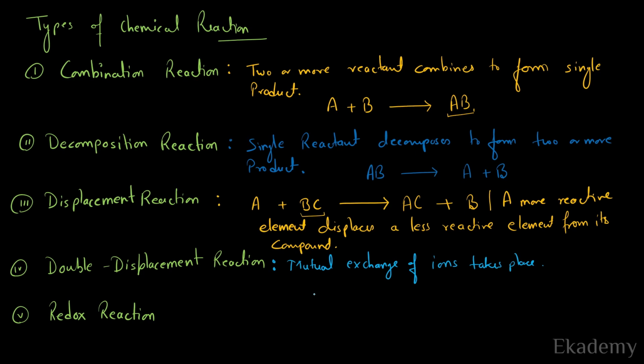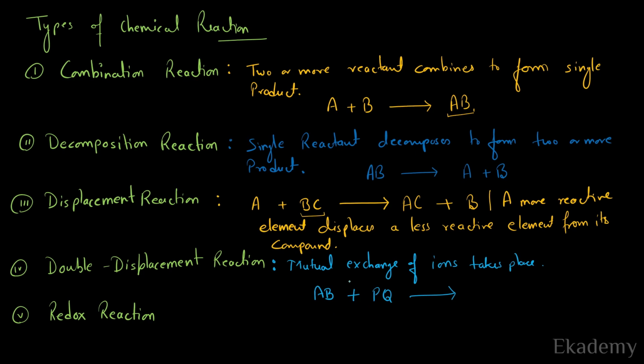So, let us say we have AB as one salt. It is made up of two ions, one positive and the other negative. And there is another salt or reactant PQ. They are reacting together, and in double displacement A displaces P and also P displaces A. So there is exchange of these ions.